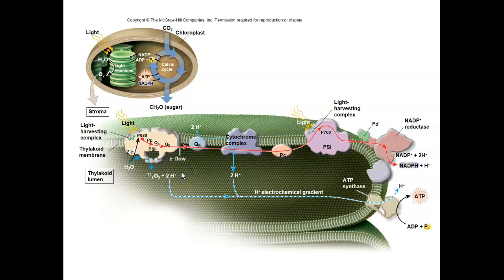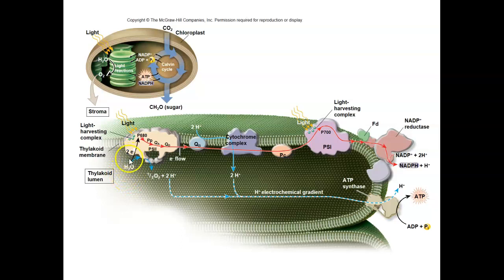It's literally energy that's ultimately going to come from the light. So we call this photolysis. It is going to split that water, and we're going to have these two electrons that get released from breaking up this water molecule.